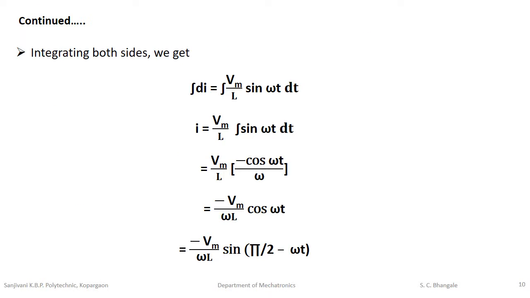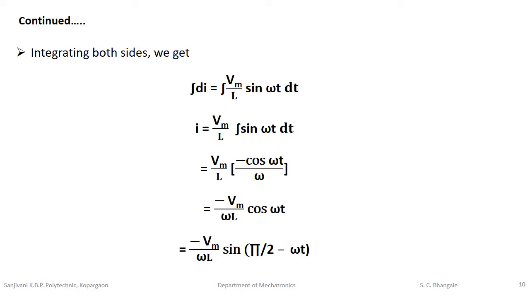Now integrating both sides, we get integration of di equals integration of Vm by L sin of omega t dt. Now if we integrate this equation, we get I equals Vm by L integration of sin omega t dt.